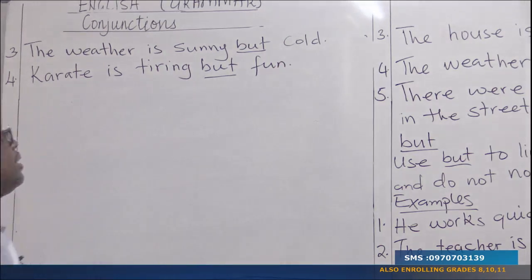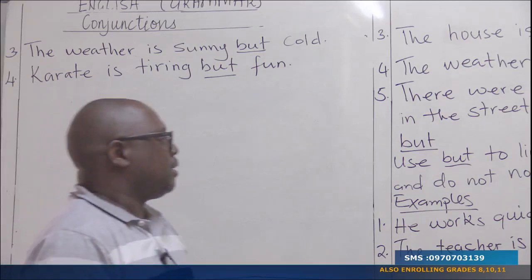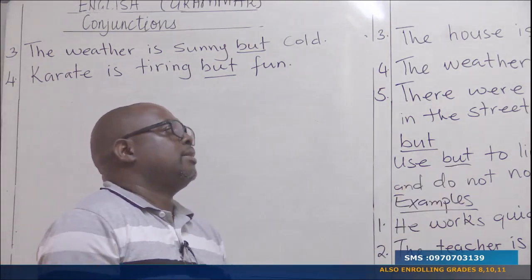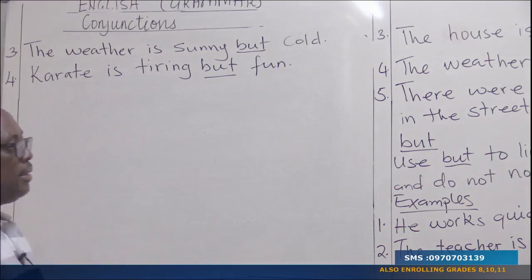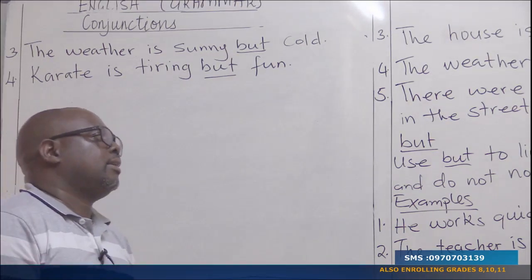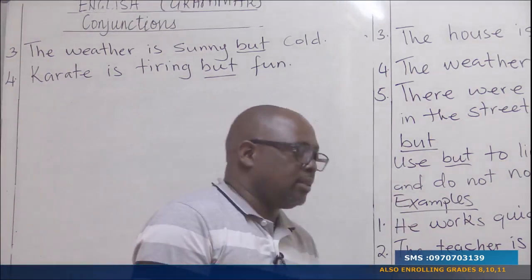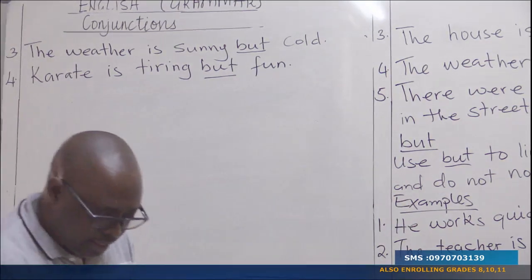Okay? Karate is tiring but fun. Okay, so these are some of the sentences that we can link using the word but. So we say that but is used to link words that are different and do not normally go together.